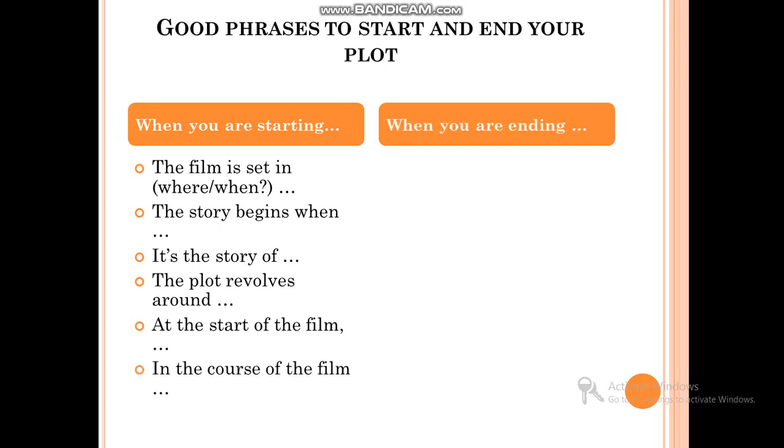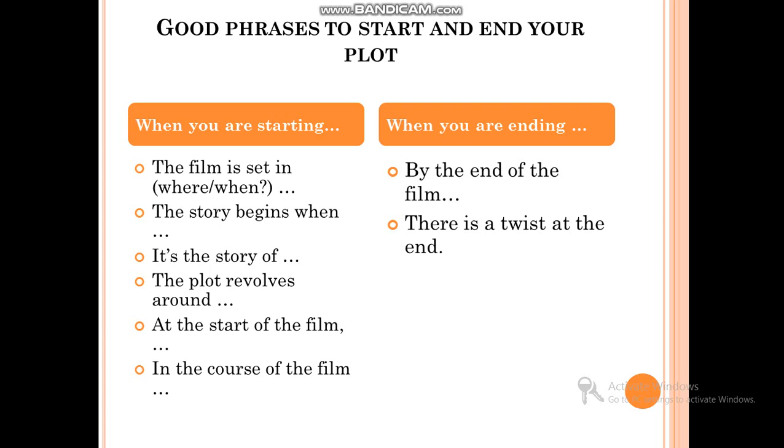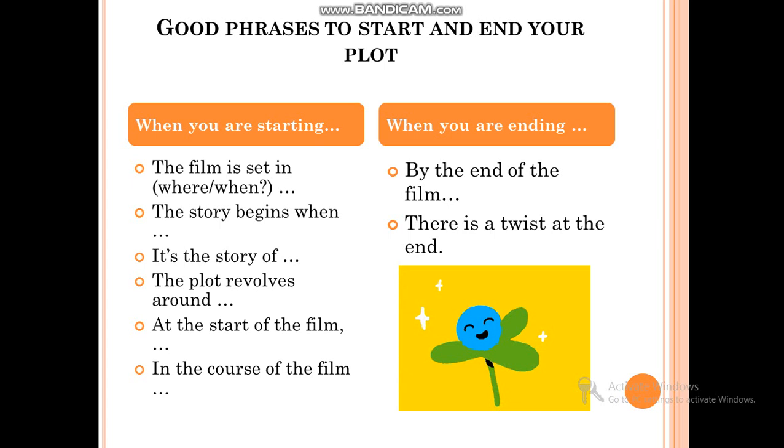And if you're going to end your story, the plot, you can say by the end of the film, there is a twist at the end. The twist here means there is an unexpected event at the end of the movie, for example. These are good phrases that you should use in your review as well.